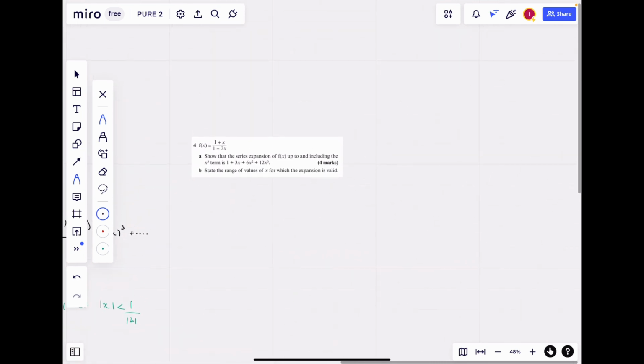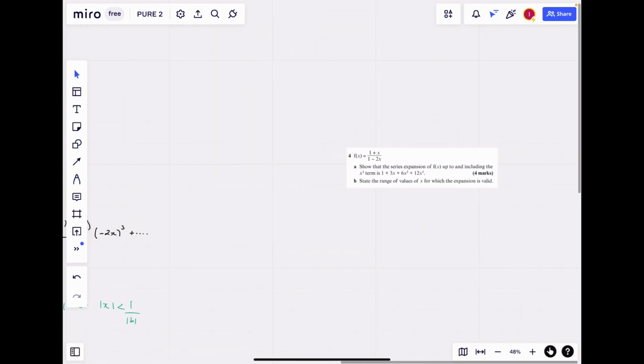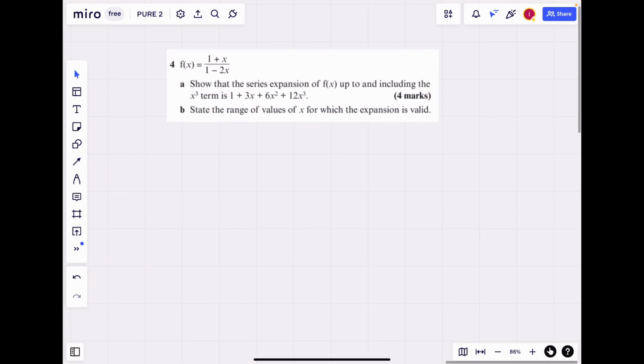Have a look at this question for me, please, and I want you to give that a shot. Okay. Same as always, you're going to rewrite the function in brackets. So (1 plus x) in brackets, (1 minus 2x) to the power of minus 1.